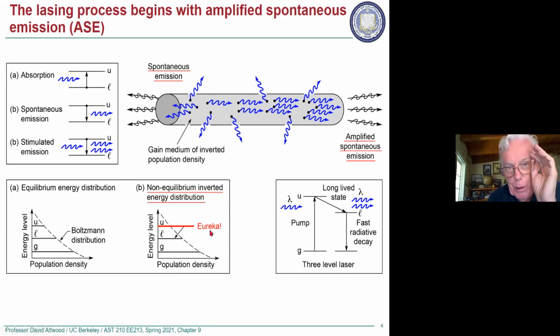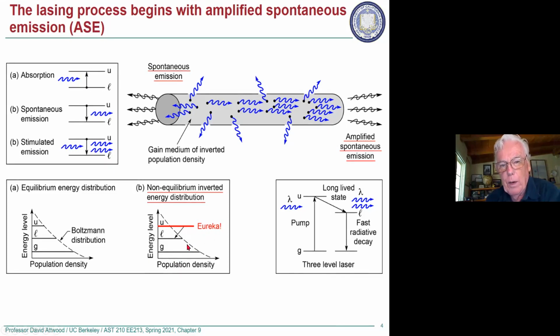And I put the word eureka here because that's a phrase from Charles Townes, who basically is the inventor, as we understand the broader word inventor, of the laser itself, of the process, and for which he and several others got the Nobel Prize. So anyway, this non-equilibrium is absolutely essential.